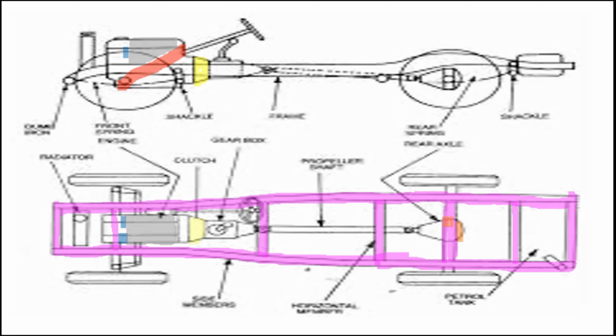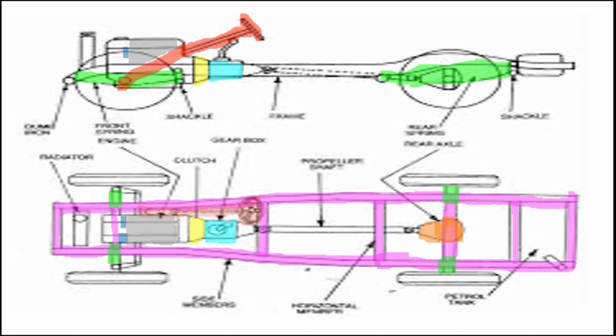Now the yellow one is the clutch after the engine, and the blue one is the gearbox after the clutch. The brown one at the back side is the differential, and the green one is the suspension system. The suspension system is available at the wheels only.